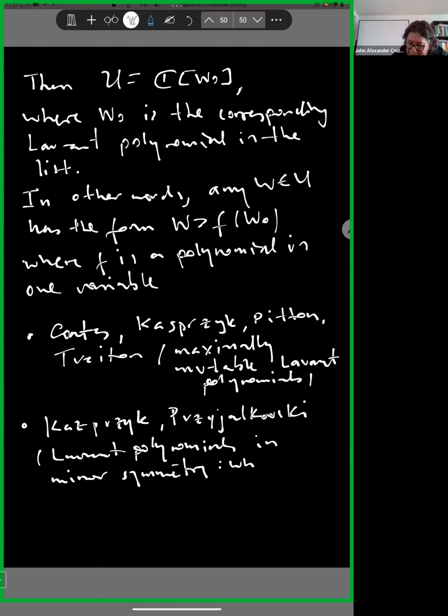In this paper, you find the following definition for the mutations. So let me write the definition. Let N be a lattice. Before we had a lattice of rank 2, now we have a lattice of rank n.